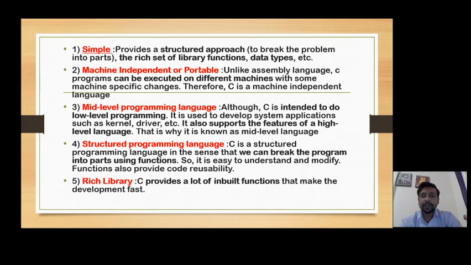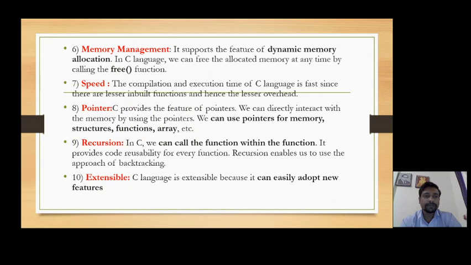Machine independent and portable means we can run any C program on any platform. Middle level programming language means it accommodates the features of low level as well as high level programming languages. Structured programming language means we can break down a program into parts and work on individual functions, which is easier to debug and code. And it provides a rich library of inbuilt functions, which leads to faster development.